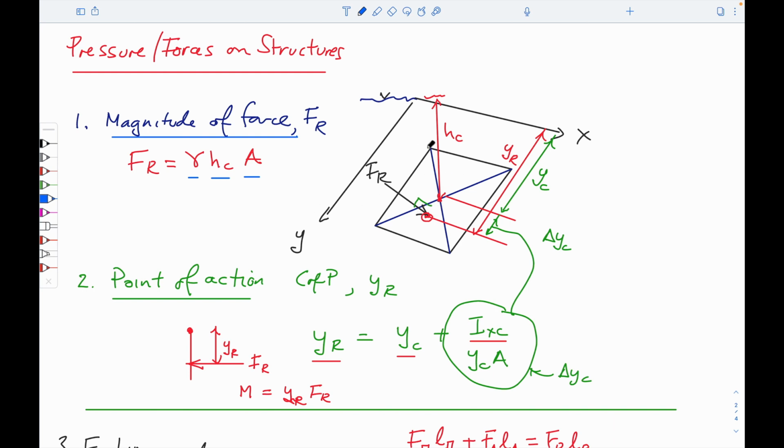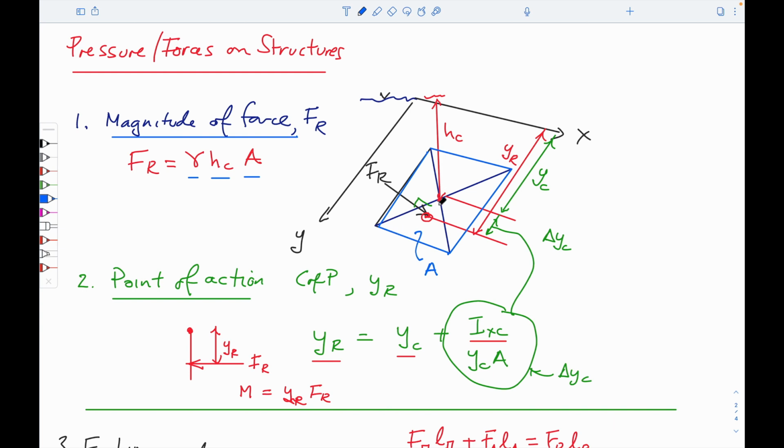The depth of the centroid is the center of gravity, if you like, of the plate, which is the middle of the plate in this particular case, and its absolute depth relative to the surface. The area of the plate would just be the area included in this blue part, and the unit weight would be the unit weight of the fluid that surrounds it.